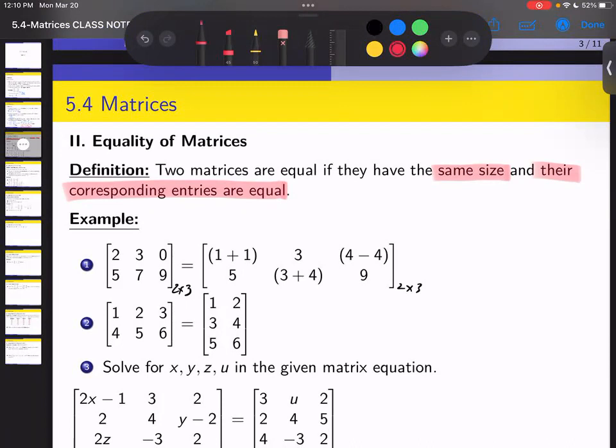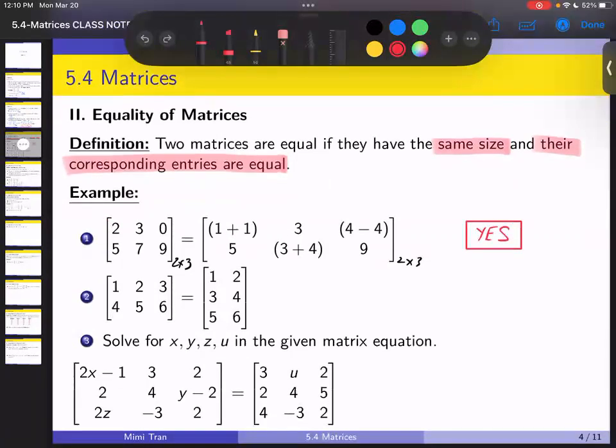So yes. First, you check if they're the same size, and then you check each entry. I know they're written differently, but they're actually the same.